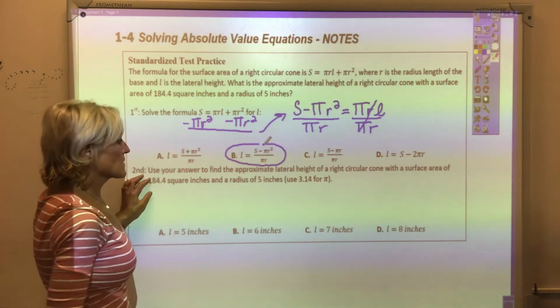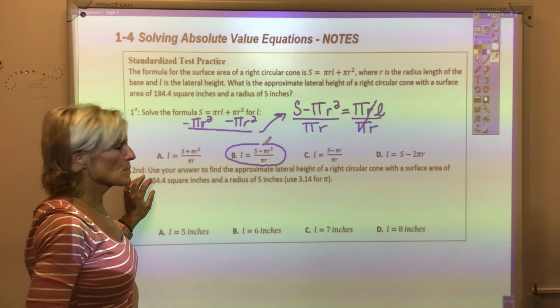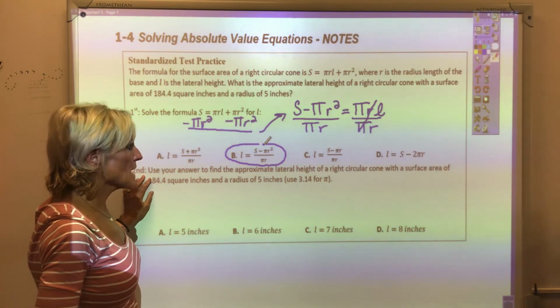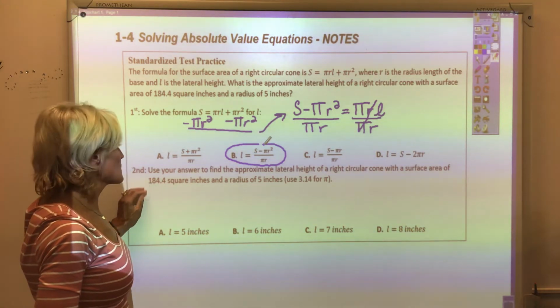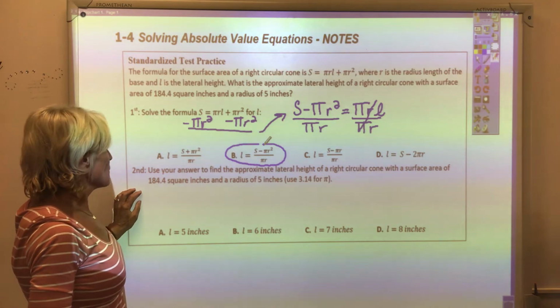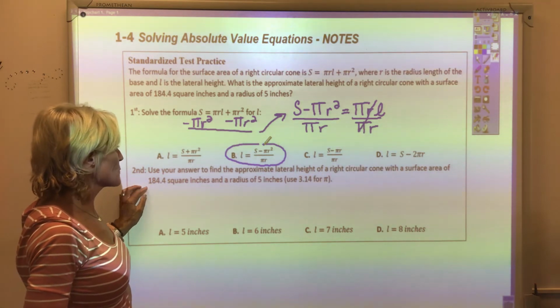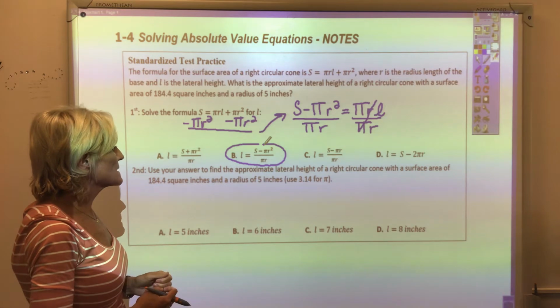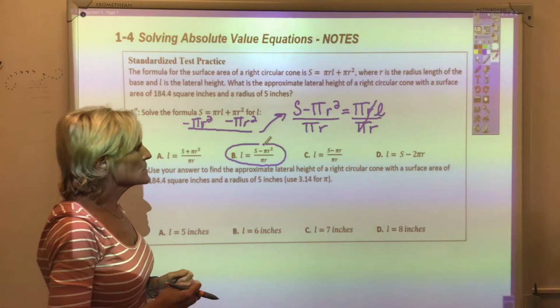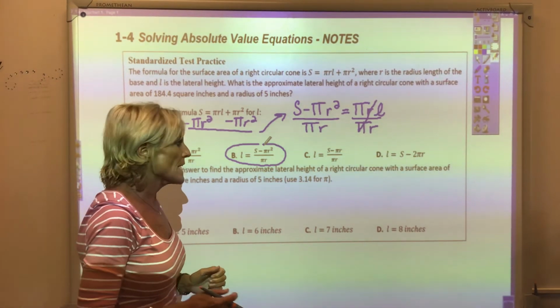Now we're going to use our answer to find the approximate lateral height of a right circular cone with a surface area of 184.4 square inches and a radius of 5 inches. We will use 3.14 for pi.